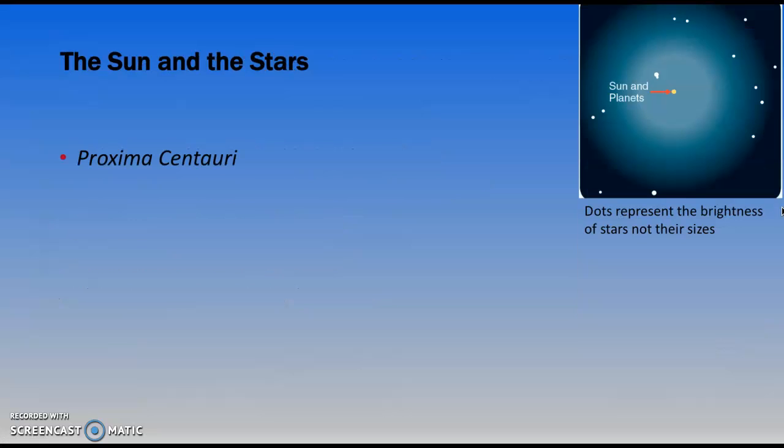Not an easy representation for you, but here's an easier representation. We talked about Proxima Centauri, which is the closest sun to our solar system. We talked about it.